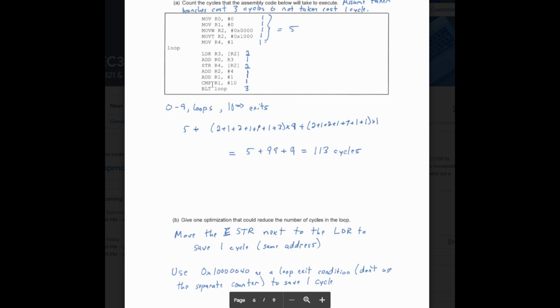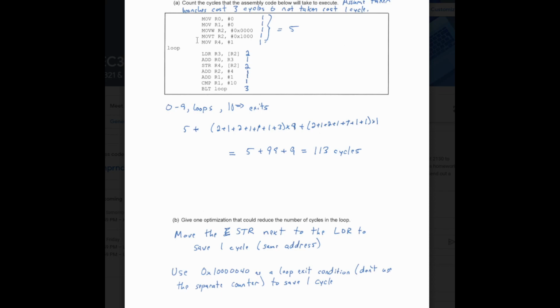So we could compare against 0x100040, and then branch less than based on that comparison. And that would do the same thing as what our loop does currently, but now we don't have to do the 2 adds every cycle of the loop, and that would save us 1 cycle per loop iteration.